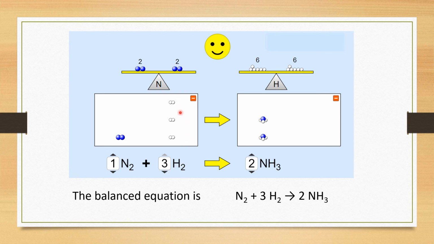Now, the number of atoms of hydrogen and nitrogen are balanced. The balanced equation is N2 plus 3H2 gives 2NH3. You ignore the coefficient 1 in front of N2.